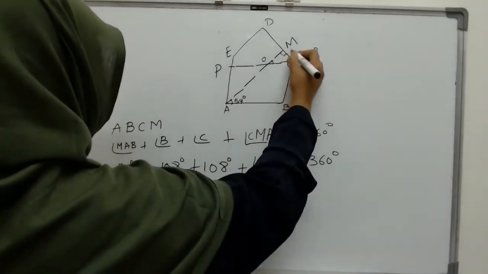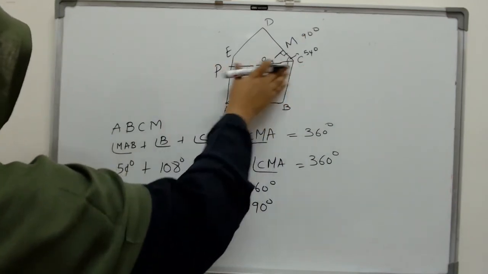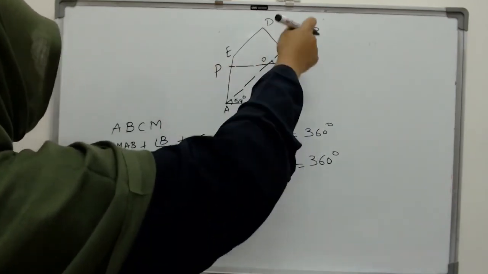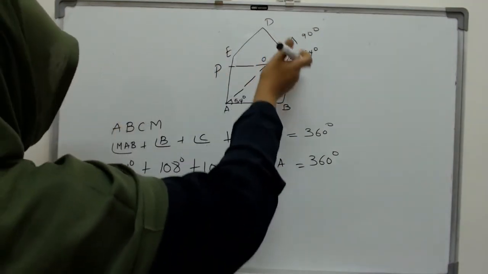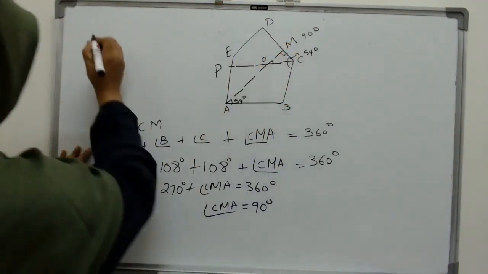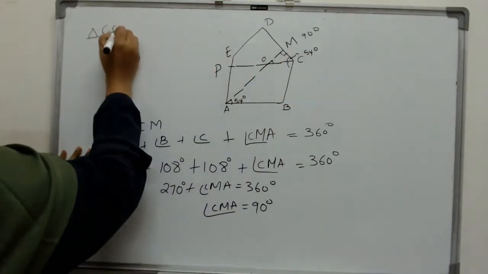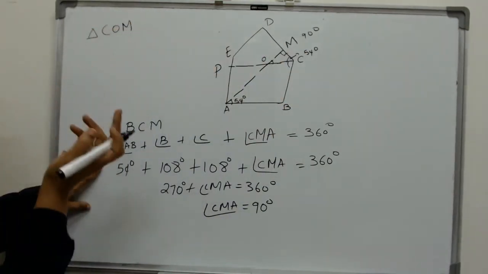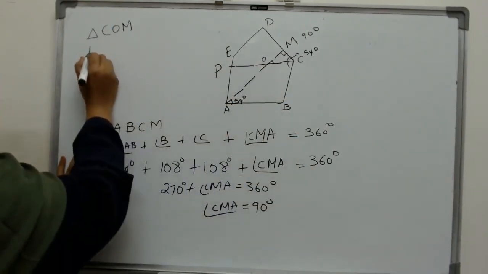So this angle here is 90 degrees, and this we already said, the whole angle C is 108 and P divides it into half, so each one is 54. So now consider the small triangle COM. The sum of the angles of the triangle should be 180 degrees. But then what all are the angles?